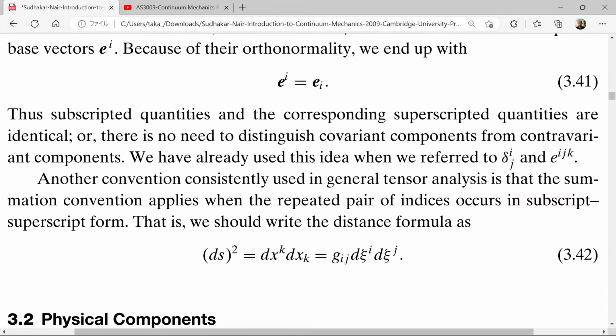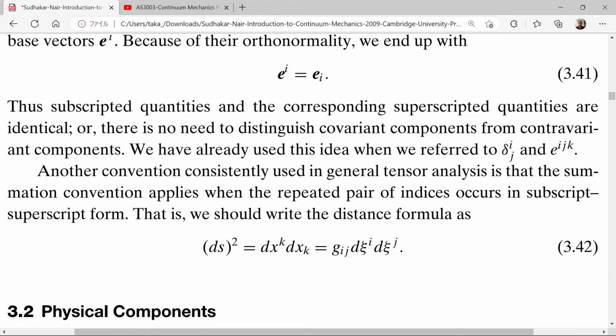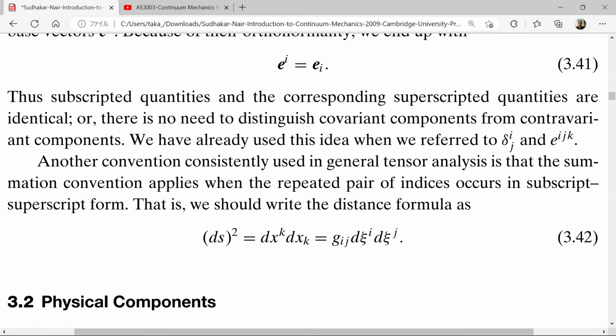Thus, subscripted quantities and corresponding superscripted quantities are identical, so there is no need to distinguish covariant components from contravariant components.